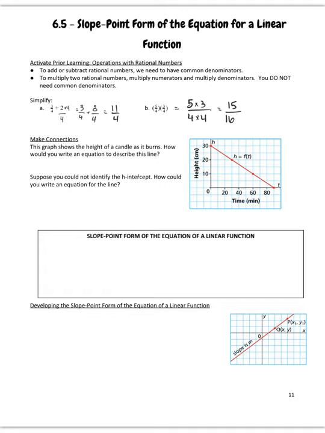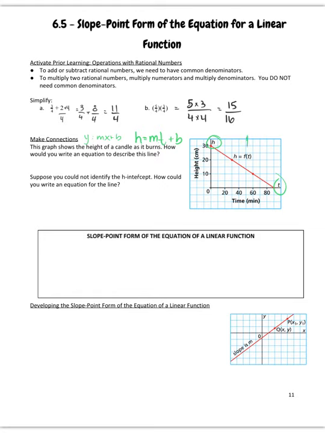So this graph shows the height of a candle as it burns. How would you write an equation to describe this line? Well, I have the y-intercept here, and it looks to be a nice whole number, and I could calculate slope. So I would use the variables from the axis here, and I would use y equals mx plus b. Using these variables, I would use y as h, so it'll become h equals mt plus b.